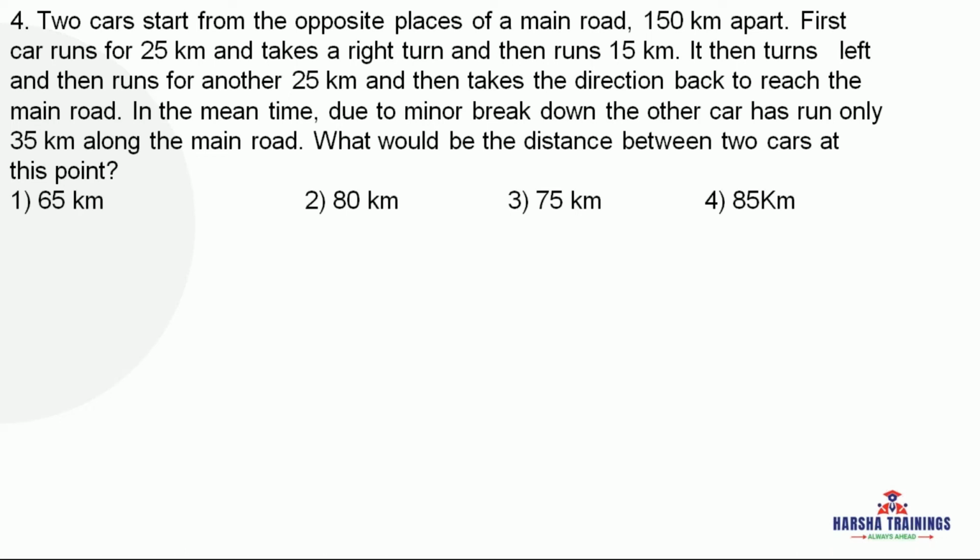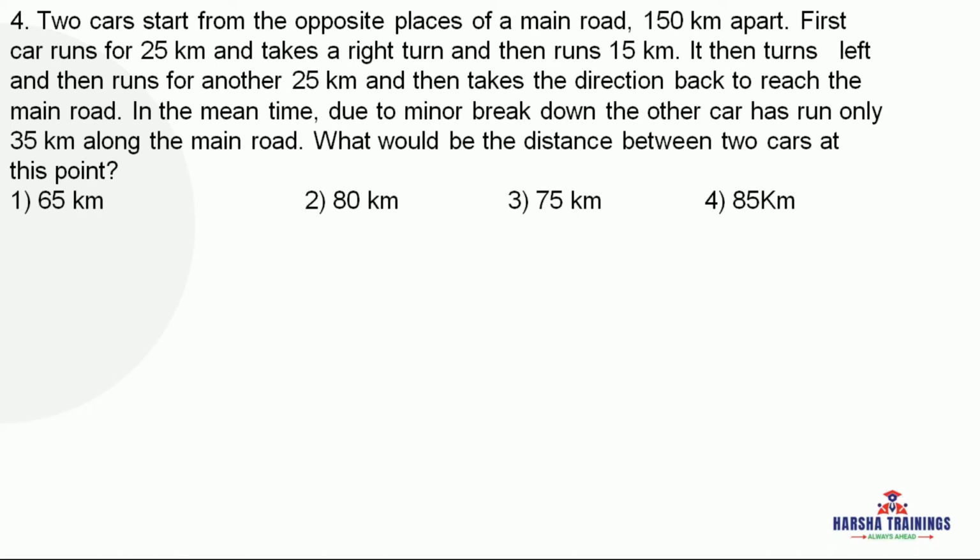It then turns left, runs another 25 kilometers, and then takes the direction back to reach the main road. In the meantime, due to a minor breakdown, the other car has run only 35 kilometers along the main road. What would be the distance between the two cars at this point?